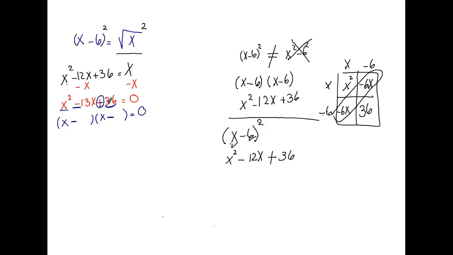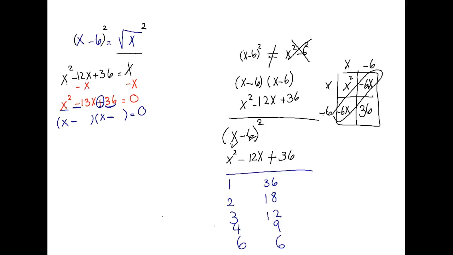Okay? Now, we need to find 2 numbers that will multiply into 36. So their product will give us a 36. So it could be 1 times 36, 2 times 18, 3 times 12, 4 times 9, or 6 times 6. These are the factors of 36.